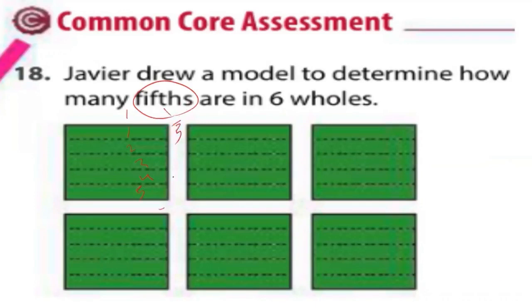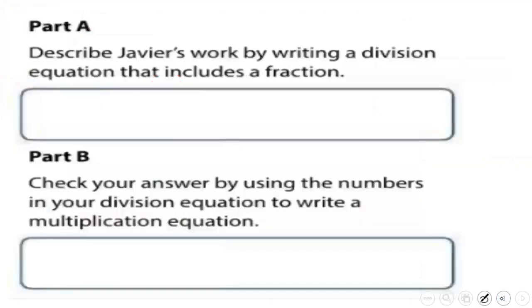Okay, and we have one, two, three, four, five, six wholes. Okay, so let's solve part A. Describe Javier's work by writing a division equation that includes the fraction. It will be 6 divided by 1 over 5.